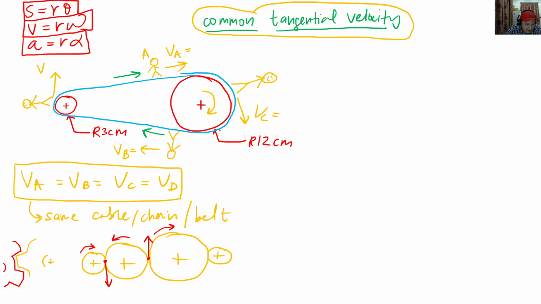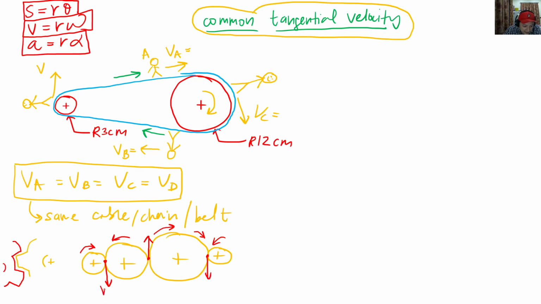The teeth cannot be running at different speeds, otherwise the gear will break. The gears run in synchronicity. So they will share common velocity.